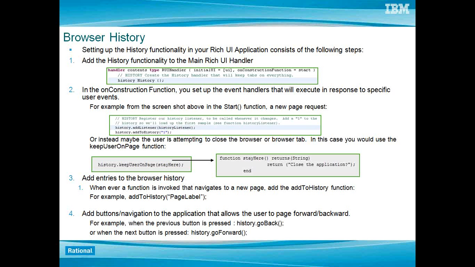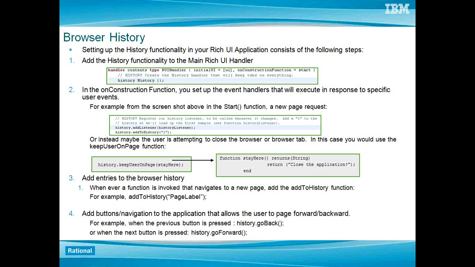This is the name of the variable, and then History starts with a capital H. Then in the constructor function, you can set up the event handler that will execute in response to specific events. For example, you would be giving some history listeners. If the history is increasing or decreasing, our user is switching to the next page or coming back to the previous page, then the corresponding history listener function will be executed.